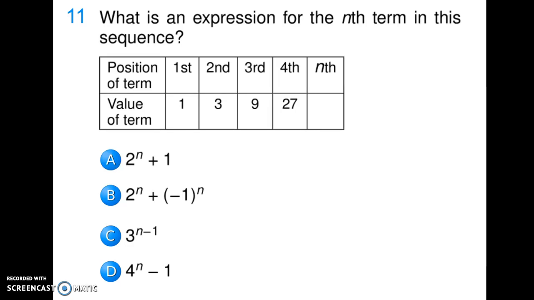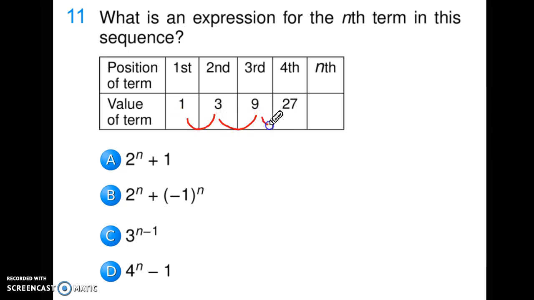Okay, move into the next problem. I believe this was your Friday problem. It says, what is an expression for the nth term in this sequence? Okay, so I'm looking for the nth term in this sequence. Let's see what's happening each time we change values.